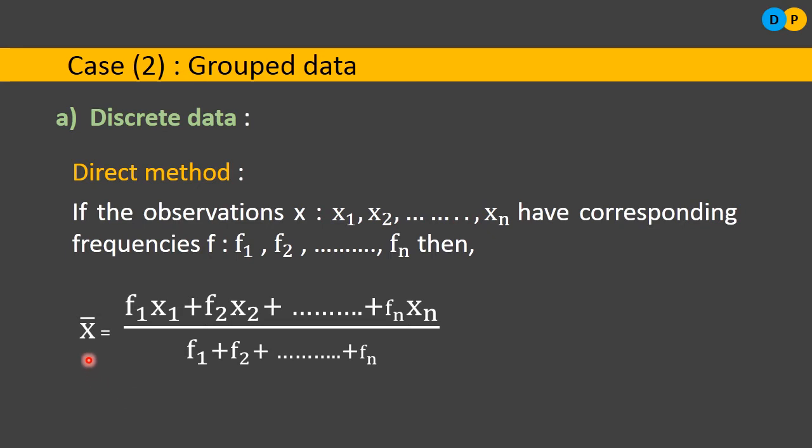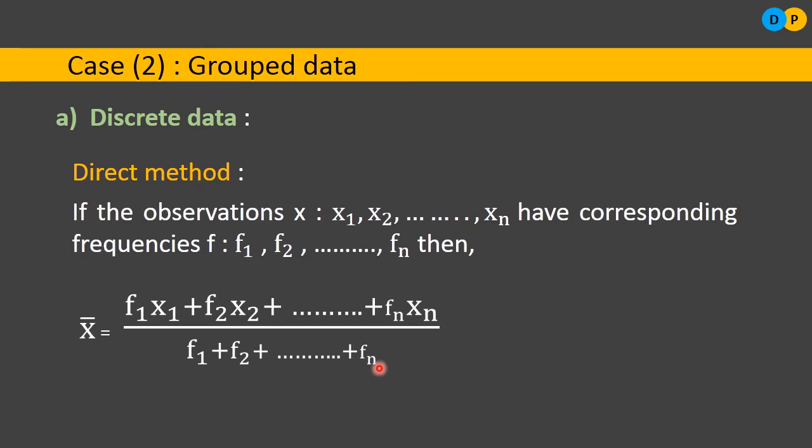We know that arithmetic mean is nothing but the sum of observations divided by the number of observations. But here in the numerator, along with the observations, we know the frequency of occurrence of these observations. So that's why f1 into x1 plus f2 into x2 up till fn into xn. This gives us the total sum of all the observations along with the frequencies, divided by the total number of frequencies, that is f1 plus f2 up to fn.